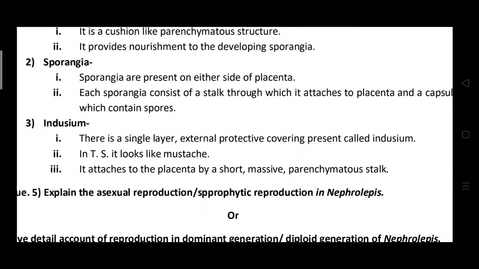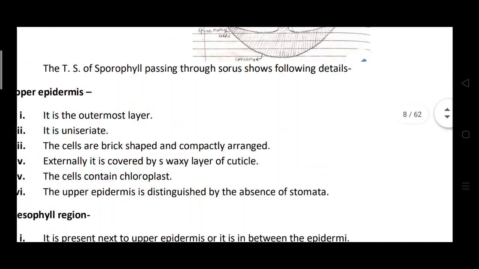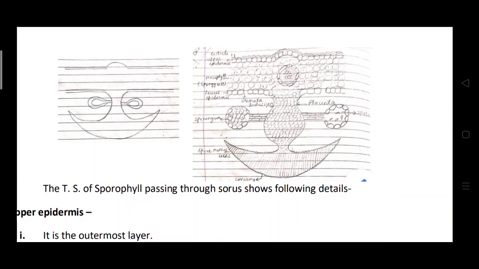In the transverse section it looks like a mustache, so it can protect the sporangia. Also, it attaches to the placenta by a short massive parenchymatous stalk. So you have to look in the picture at the lowermost part, which is the indusium.